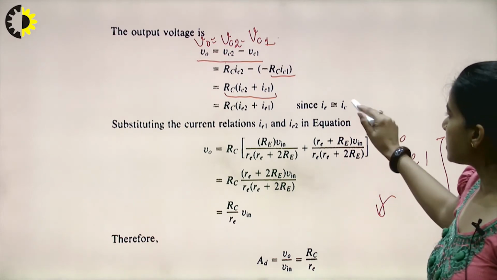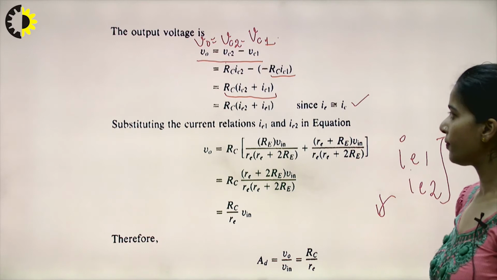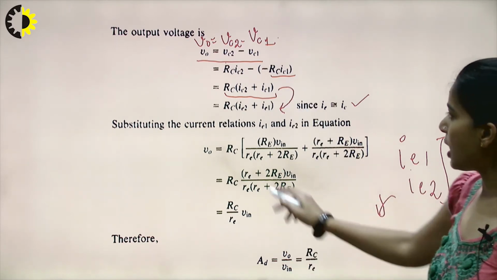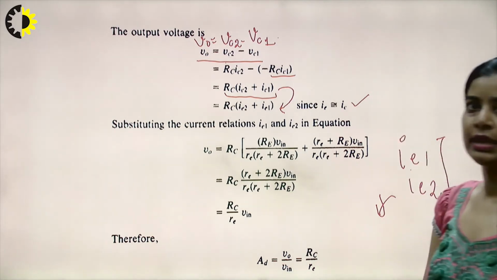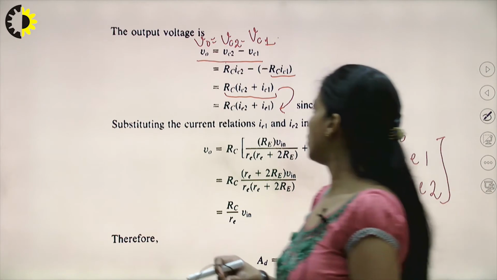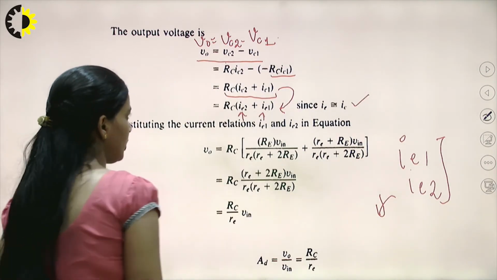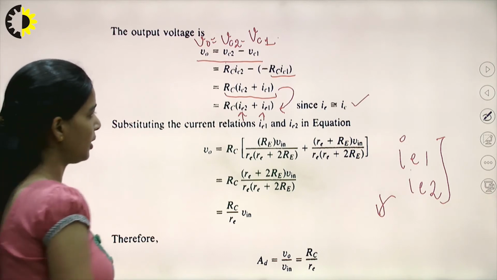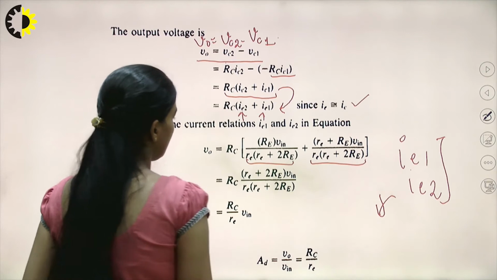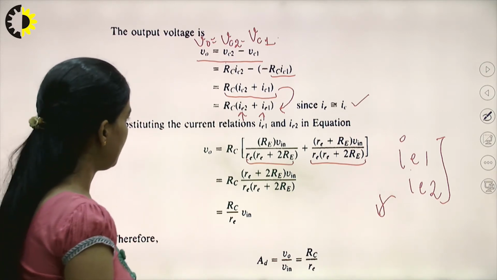So with this assumption that IE is nearly equal to IC, this expression we can write as RC multiplied by IE2 plus IE1. Now we can put the value of the two currents that we have calculated. So this is IE2, this is IE1, and now we can simplify it to get output voltage.